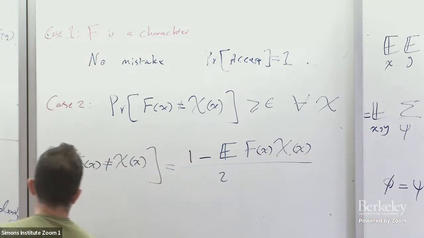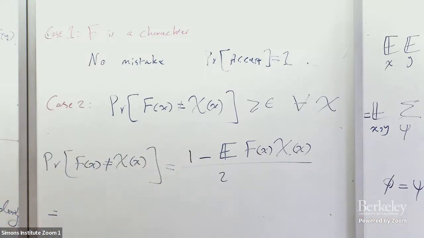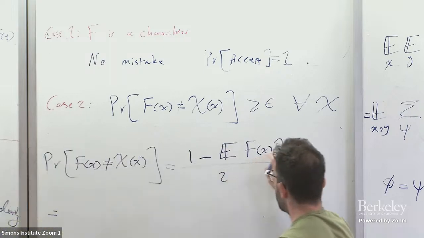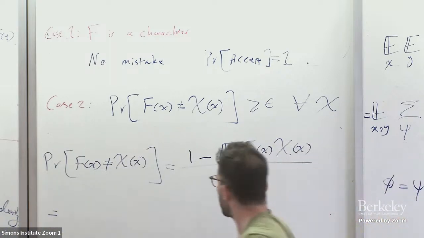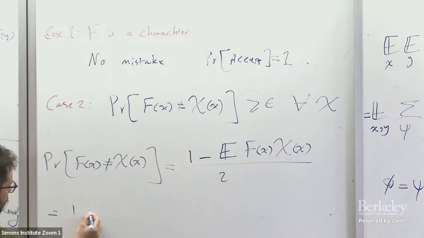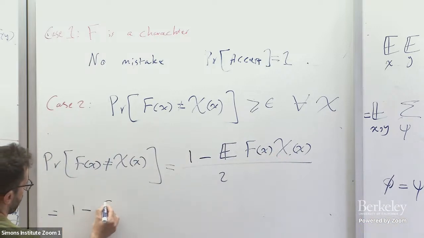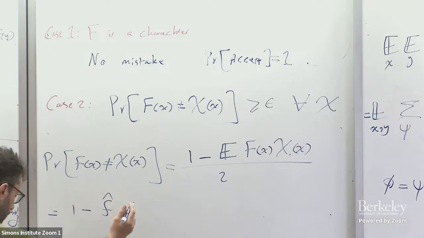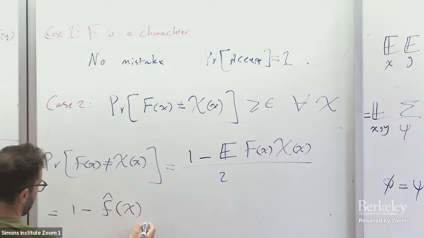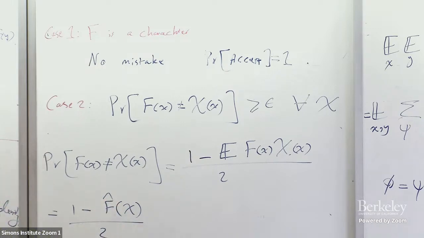But what is this thing? This is just the Fourier coefficient corresponding to chi, right? This is the inner product of F and chi. So this is 1 minus F hat of chi, divided by 2.